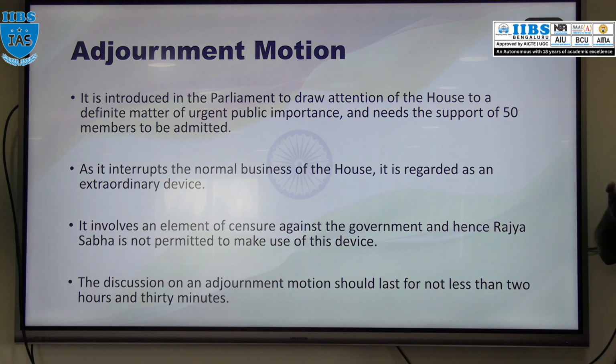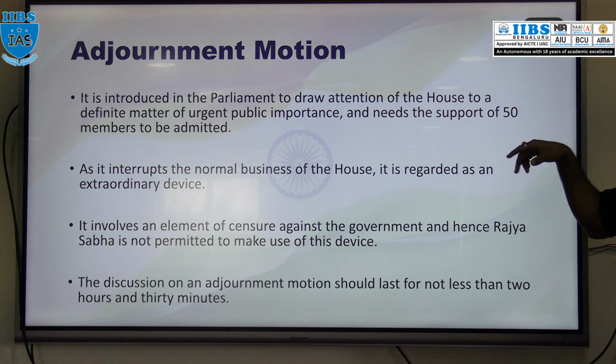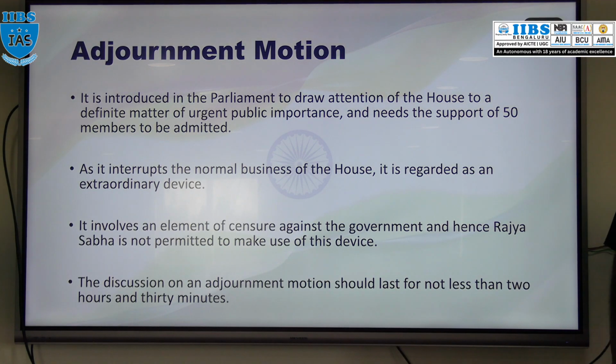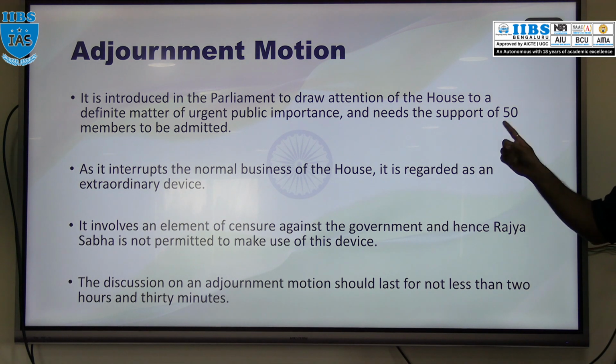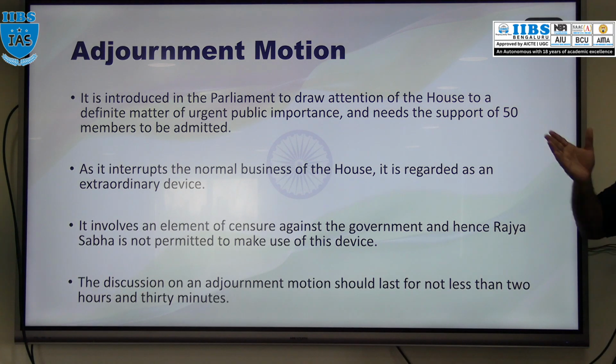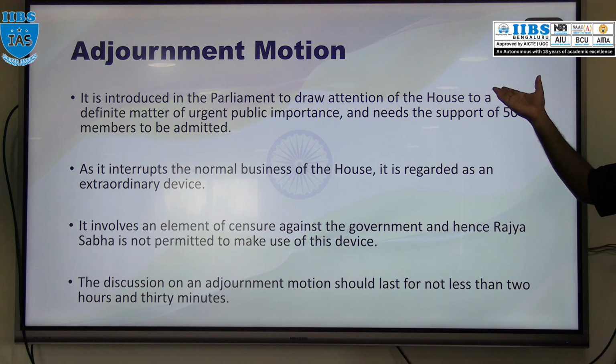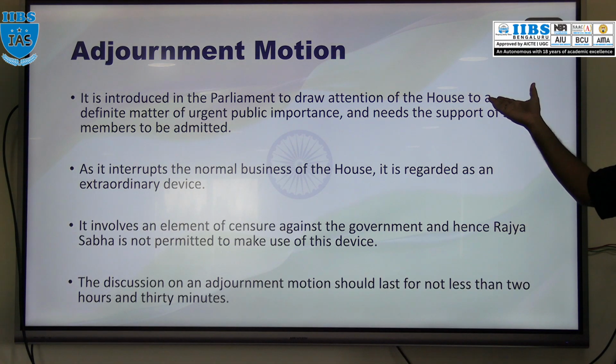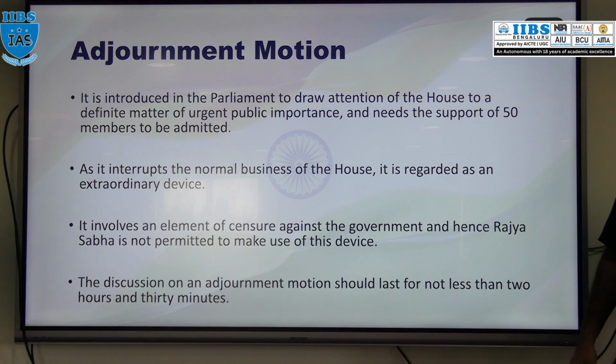Why? To discuss the matter of public importance, and to introduce this motion, the approval of 50 members is required. So it disturbs the normal business of the house. They are discussing something, suddenly this motion is introduced.